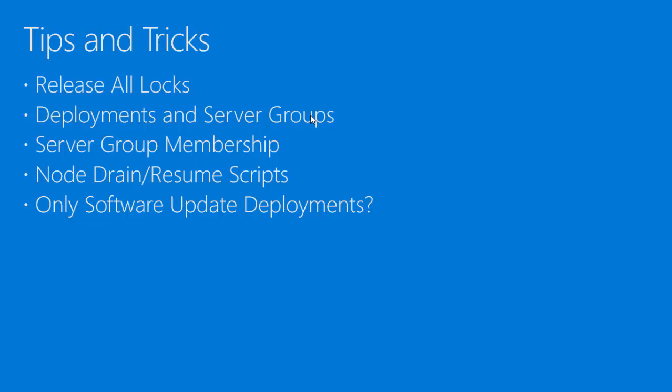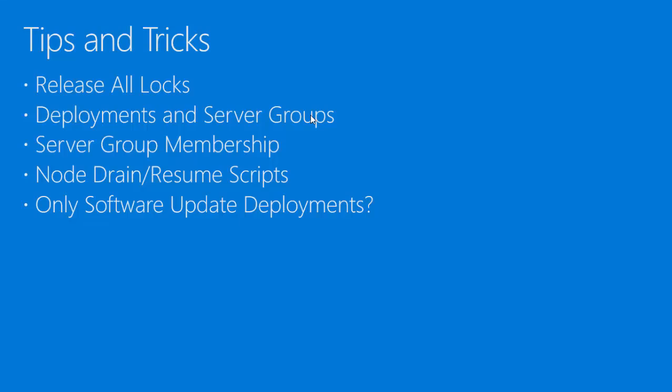All right, server group membership. All computers in the collection that defines a server group need to be from the same site, right? Just a requirement. There's some technical reasons for it, but just know that's a requirement as you're setting things up. The node drain and the resume scripts, we've talked about, are not strictly a requirement.